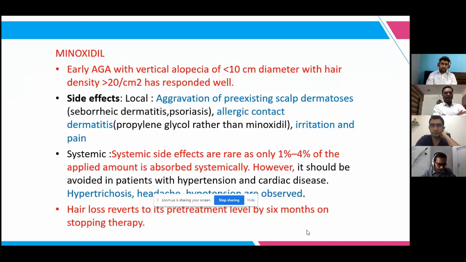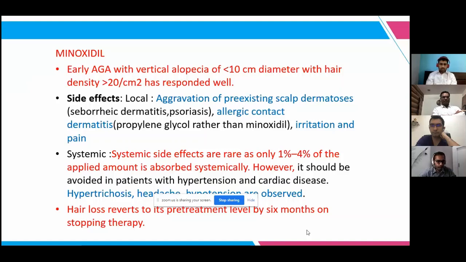Regarding side effects, most minoxidil preparations contain alcohol and propylene glycol, so pre-existing scalp dermatosis may get aggravated, or allergic contact dermatitis may develop, or irritation, dry skin and pain may occur. The systemic side effects are very low, only 1 to 4%; most of them we don't see. Hypertension and cardiac disease patients should avoid prolonged treatment.